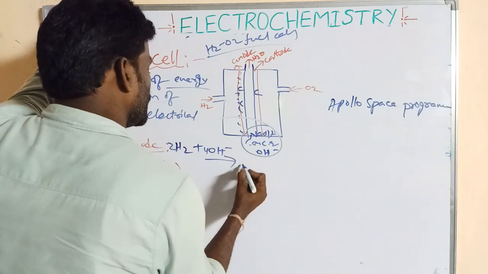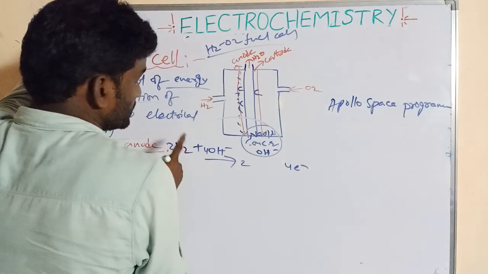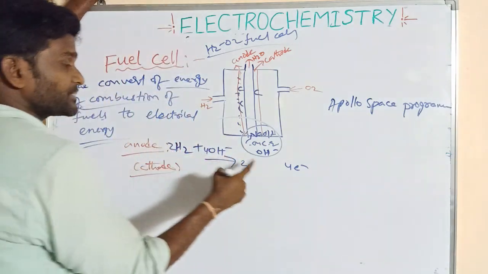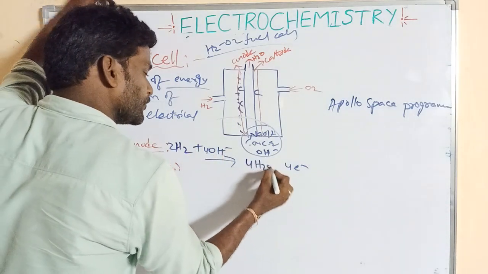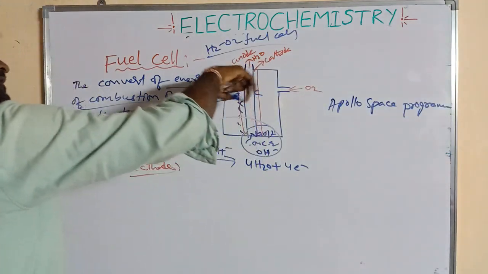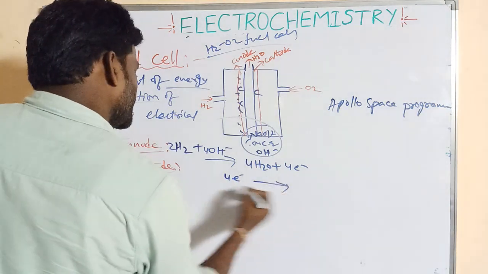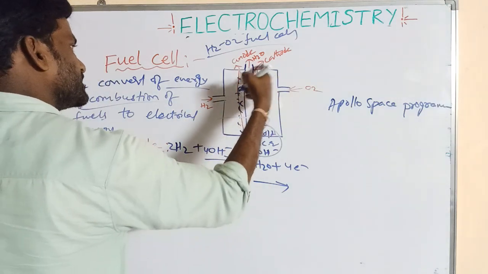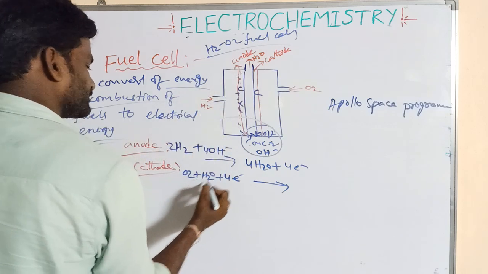So what is the reaction? 2H2 gives 4H plus and 4 electrons. 4H plus and 4OH minus give 4H2O. The electrons released at the anode pass through to the cathode. At the cathode, oxygen, and water also can be written.